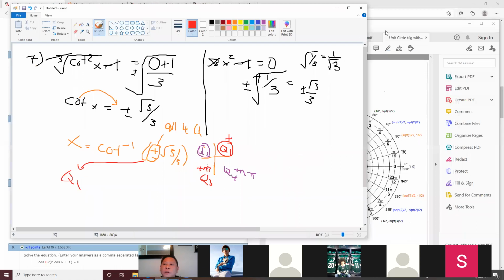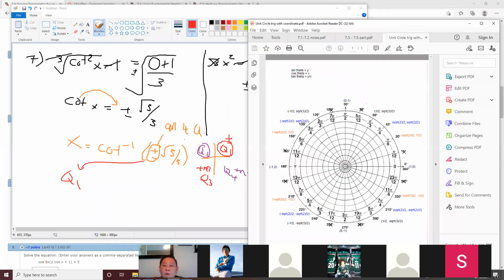Again, unit circle approach. Can someone tell me cotangent is what over what? X over y or y over x? X over y. So if you take x over y, when you divide these coordinates, which one of these gives us root 3 over 3? 60, 45, or 30? 30.